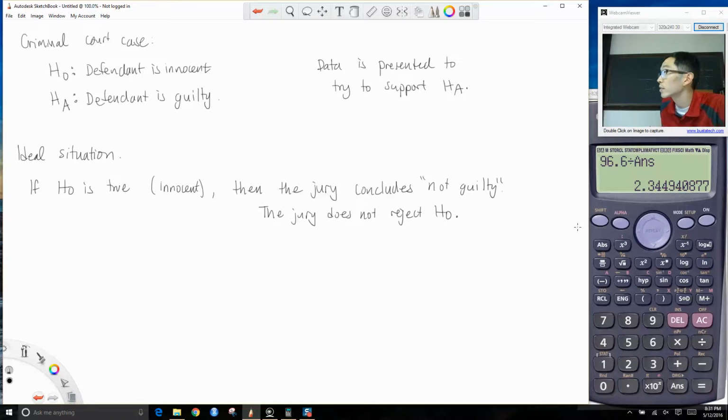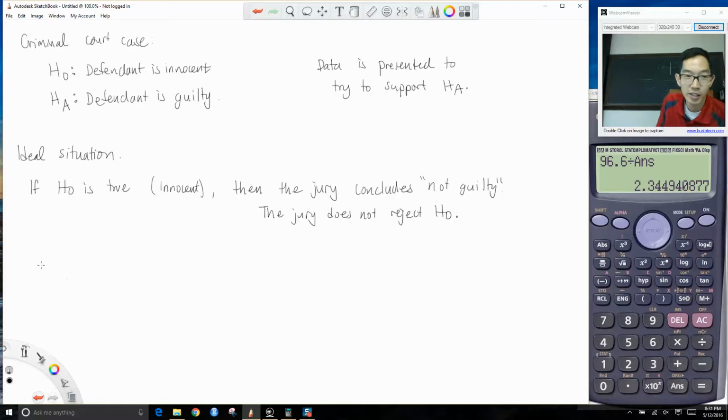Yes? The data being presented, in our court case, is from the prosecutor. The burden of proof falls on the prosecution. It's up to the prosecution to present evidence showing that the defendant is guilty, and if there's not enough evidence, then the case will just get dismissed.